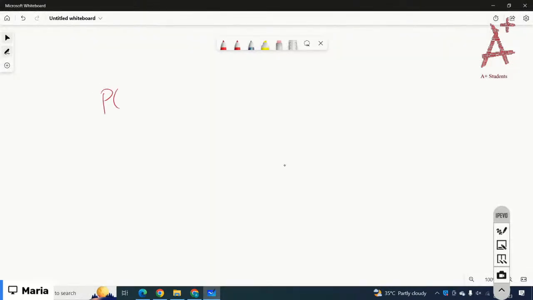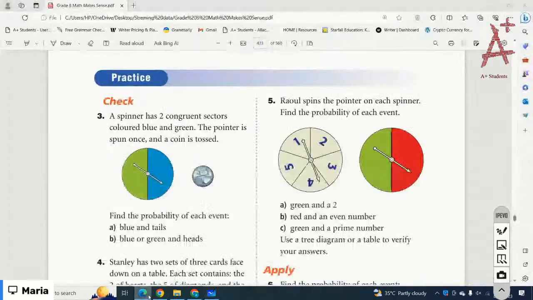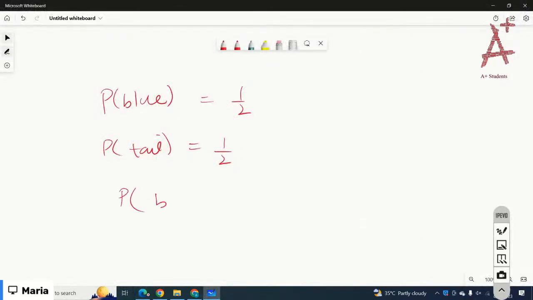The probability of blue is 1 out of 2, and the probability of tail is also 1 out of 2. So you have to calculate the probability of blue and tail. You have to multiply both the probabilities, right? You multiply the probability of blue by the probability of tails.